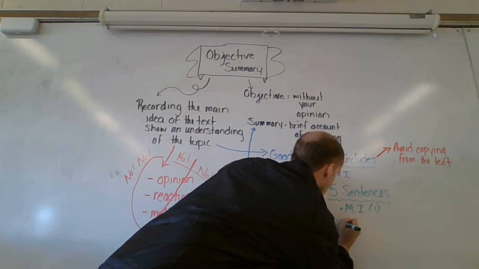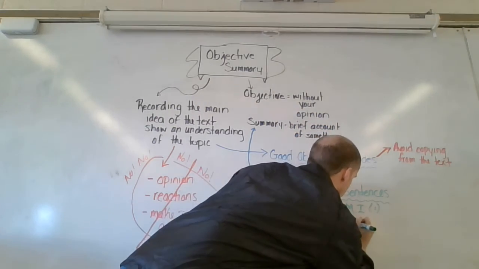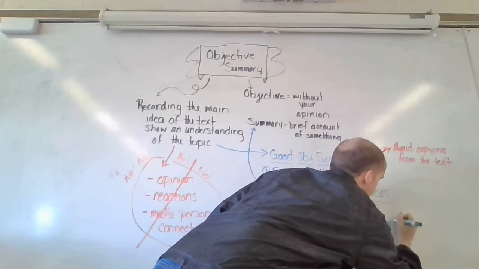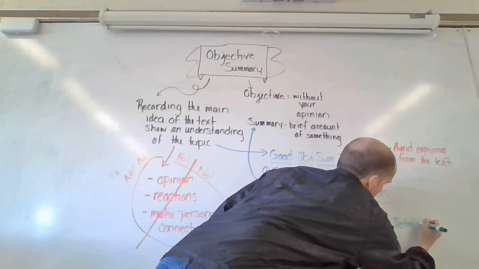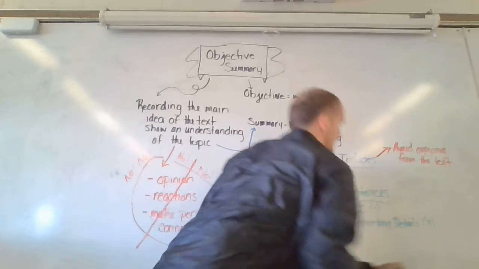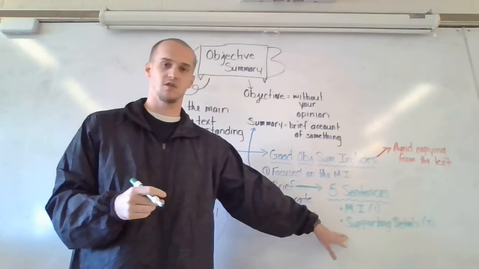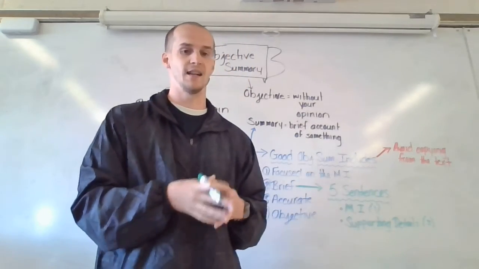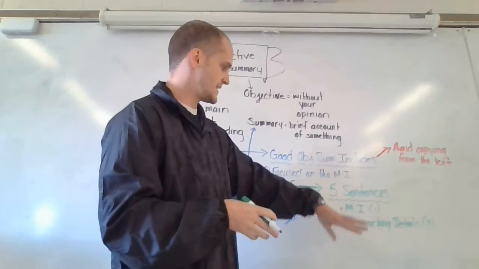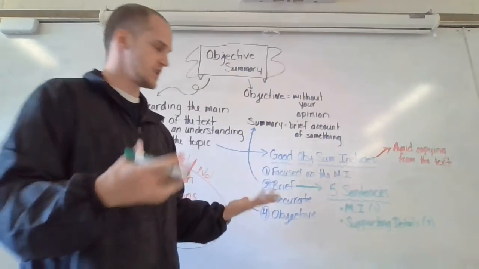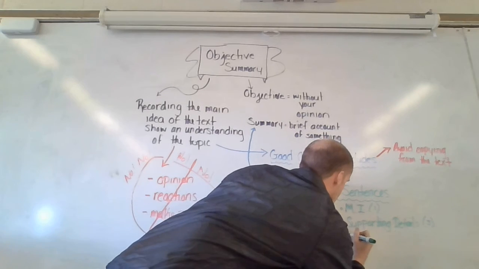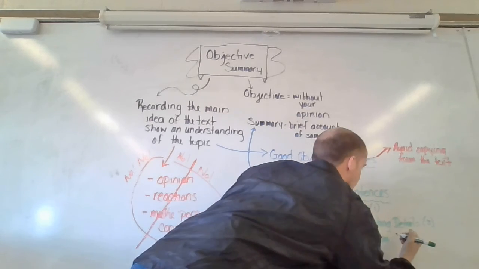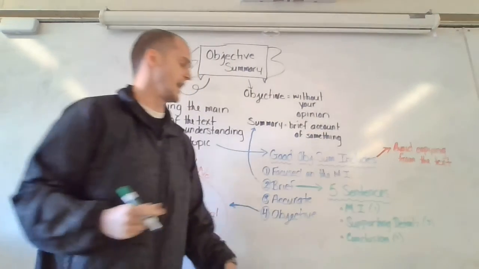Number 2, you're going to give the supporting details. And that's about 3 sentences. You should be able to find 3 supporting details for what the main idea is. If you can't find 3 supporting details from that text, then you don't have the main idea. So, your main idea sentence, your 3 supporting detail sentences, and then the final sentence is just a conclusion. That'll be 1 sentence as well.